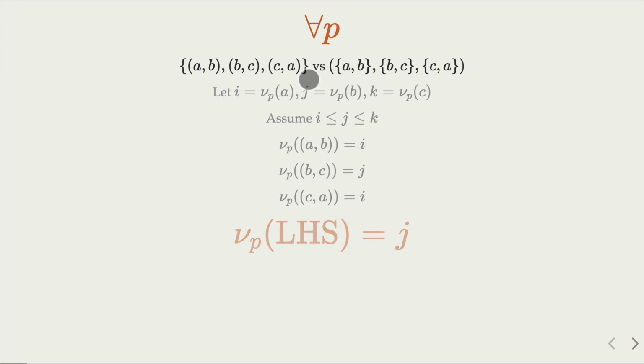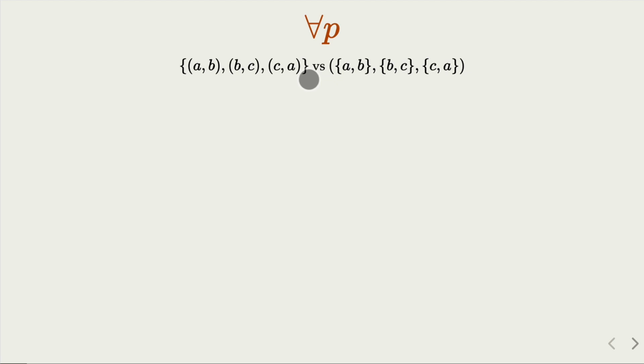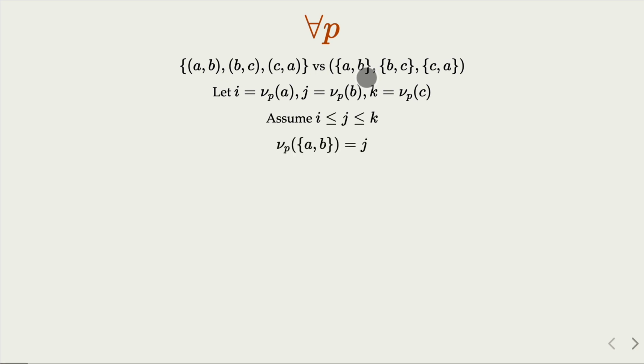Okay, how about the right-hand side? Let's do that. Using our earlier result regarding the LCM, we know that for AB, you're going to take the bigger value, that would be j. Now for BC, you take the bigger value, that would be k. For CA, you take the bigger value of i versus k, and of course, it's going to be k again.